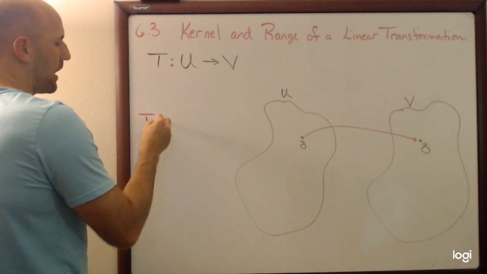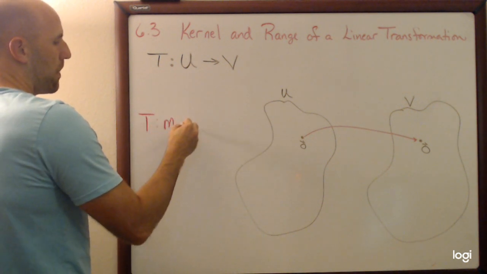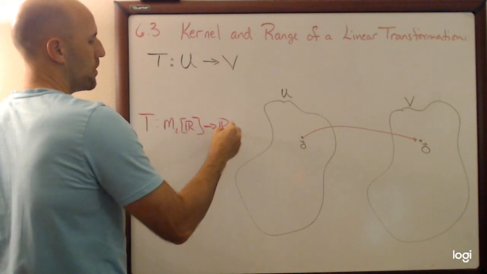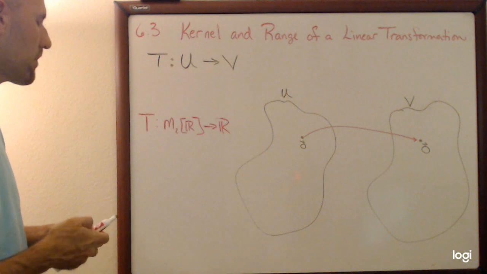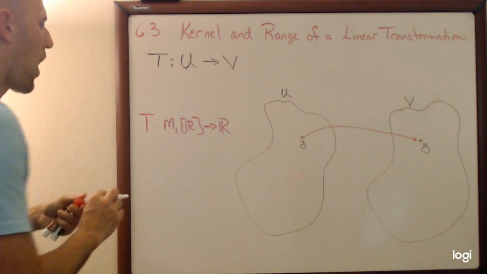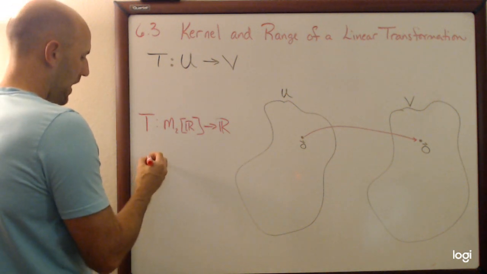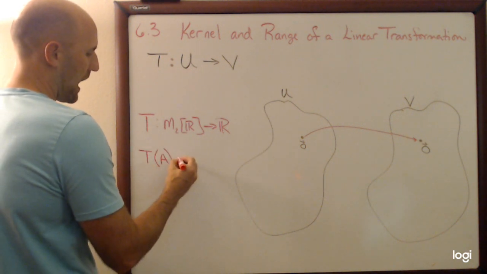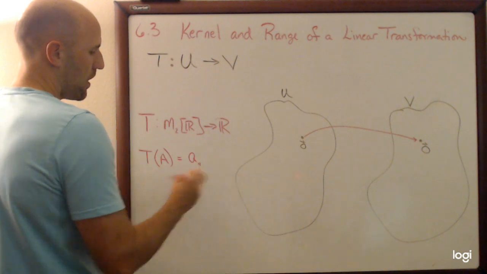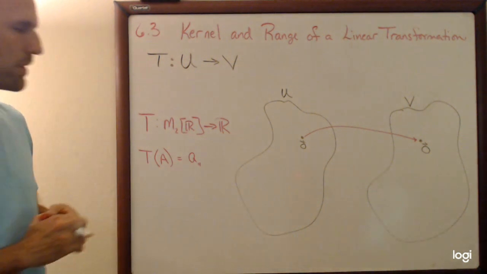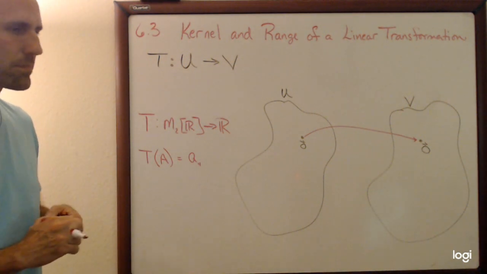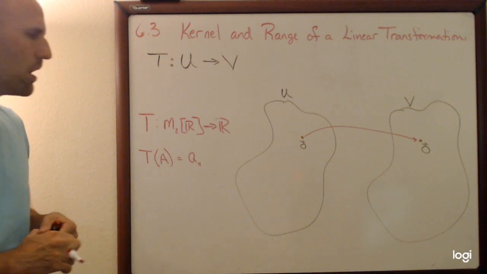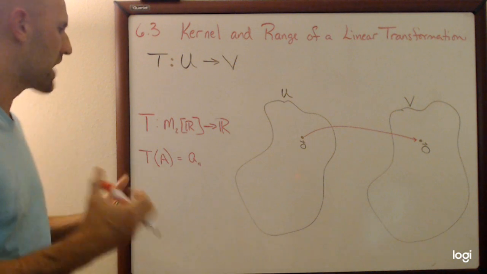Let's say I'm defining T, which maps M to R, the real numbers. And I say that T of some matrix A is just whatever the A11 value is. Okay? Well, this is a linear transformation. It's additive, it's scalar invariant.